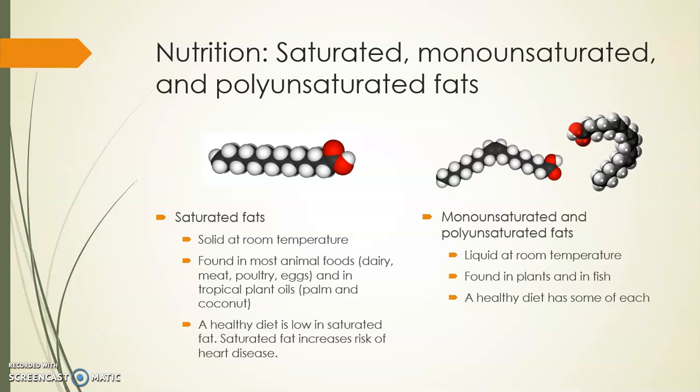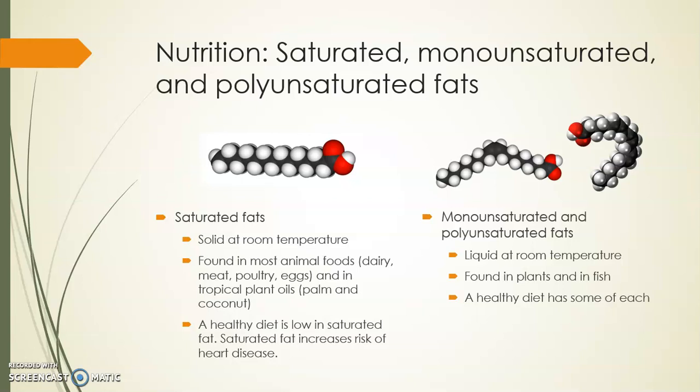They are also found in big amounts in tropical plant oils, like palm and coconut. And you'll also see a little bit of saturated fat in your vegetable oils, but that'll be in much, much smaller amounts than in your animal foods and your tropical plant oils.